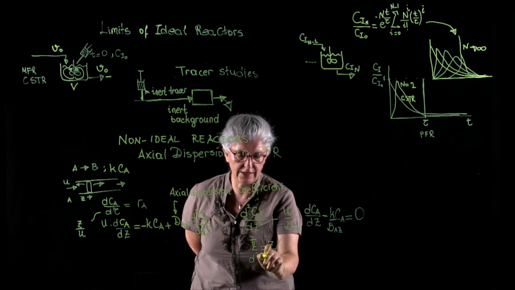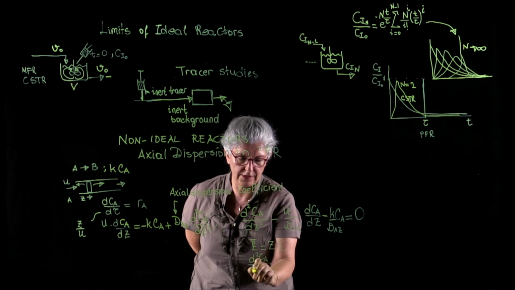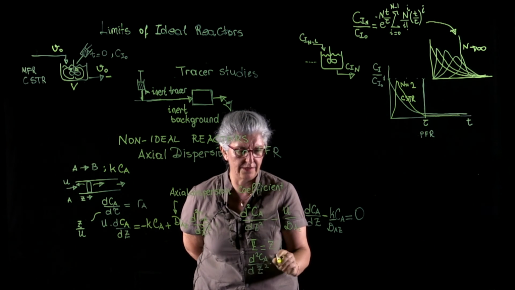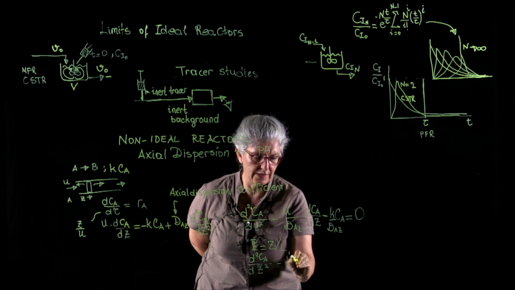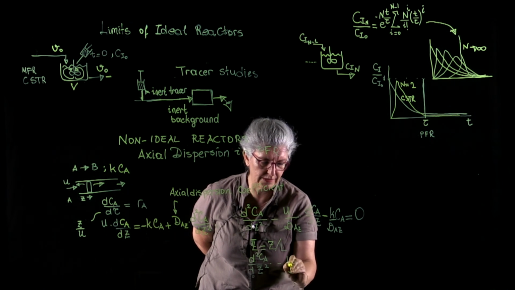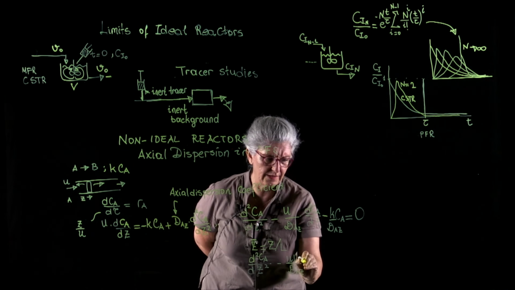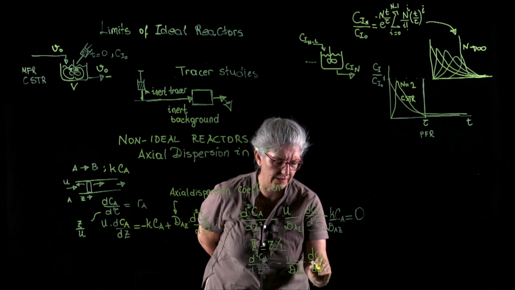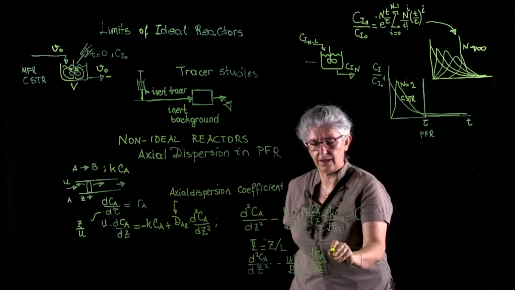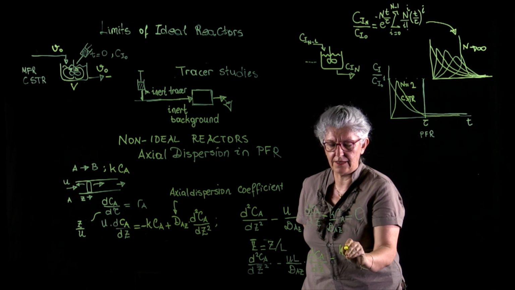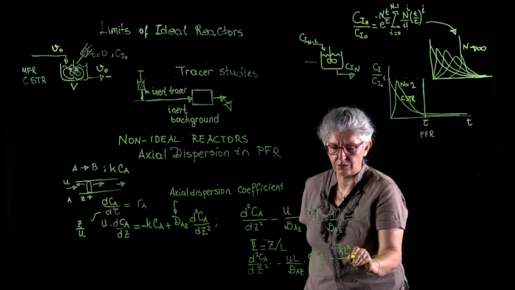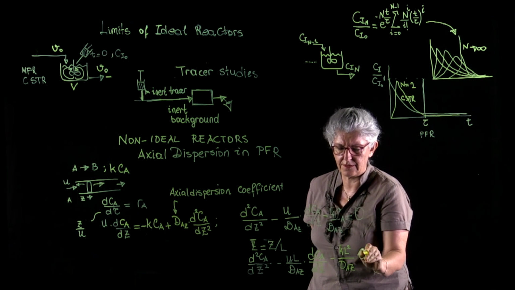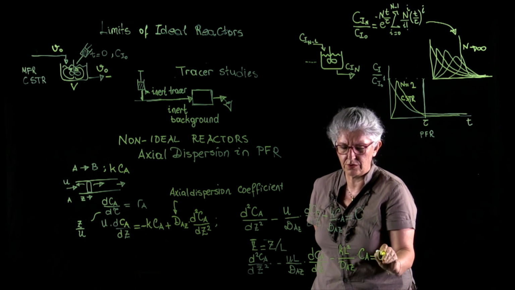D squared Ca over dZ squared, minus u L over dAz times dCa over dZ, minus k L squared over dAz times Ca to be equal to 0.